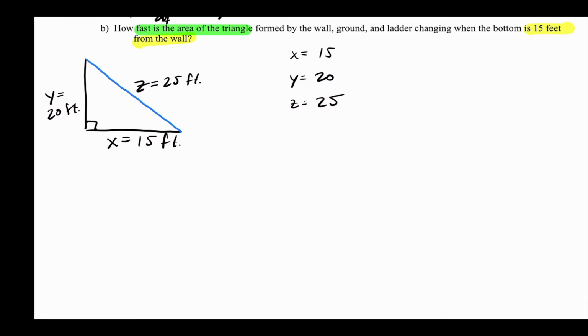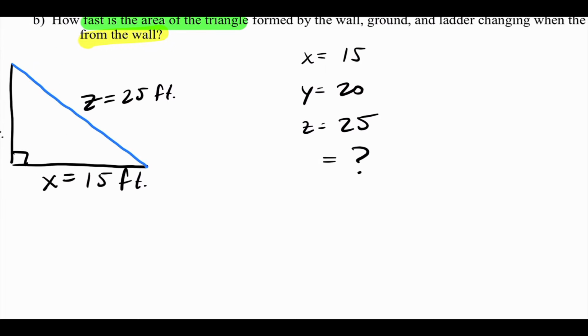Okay, so how do we write that? I know it's going to be a question mark, right? But how do we label that part in green that I have highlighted here? What label do I give it? That works. How fast is the area changing over time? That's what they want to know.